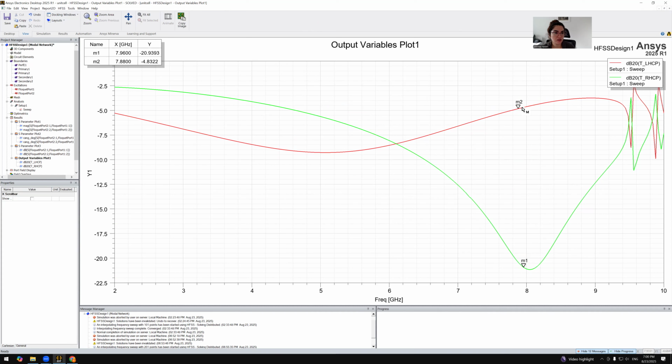Because of the cross polarizations and so on, if we could get this level, which is about minus 4.6 dB, up to 0, and then have the TE and TM modes meet in magnitude of 1, this would be a perfect circular polarization, okay? Right now this is TLHCP and this is TRHCP, so you have one circular polarization which is much stronger than the other one, right?